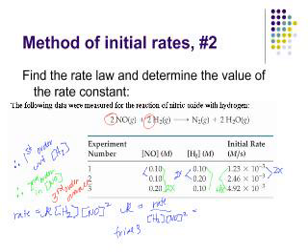It doesn't really matter. So the rate was 4.92 times 10 to the minus third molar per second divided by the hydrogen concentration, which is 0.10 molar, and then the NO concentration, 0.20 molar, but that's squared.